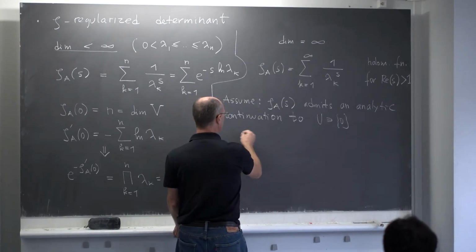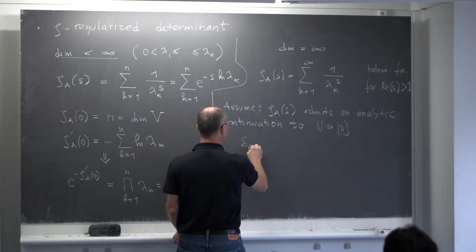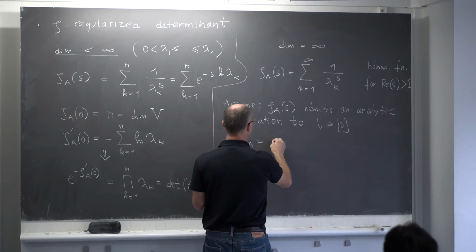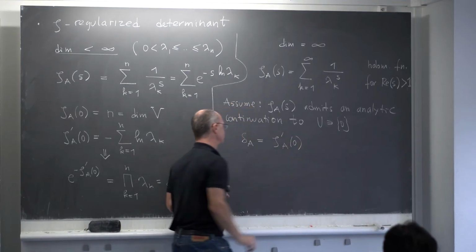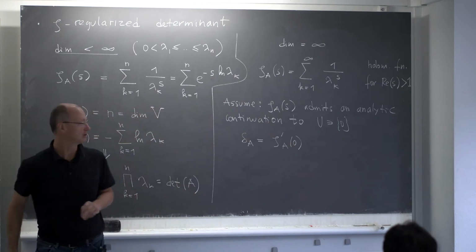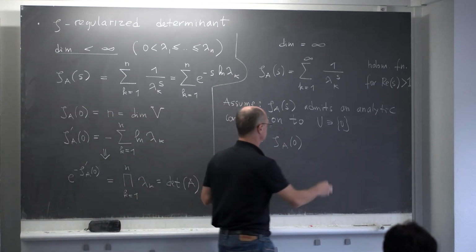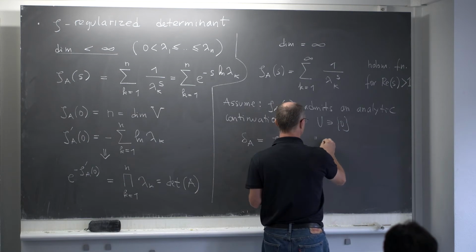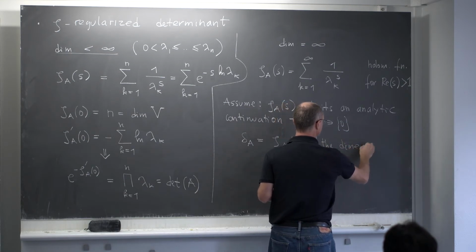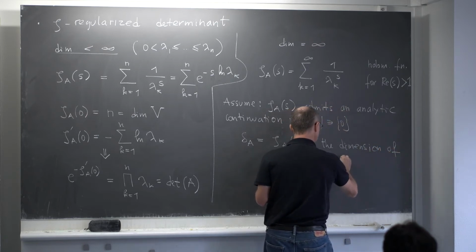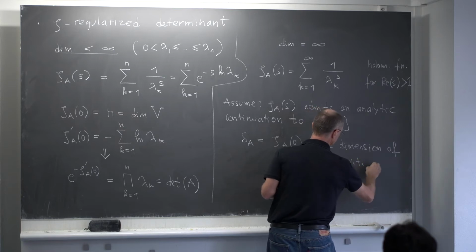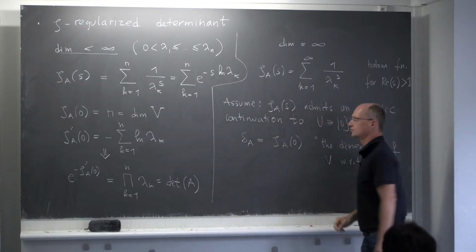So then we declare delta A, its value at 0, to be the dimension of V with respect to A, right?